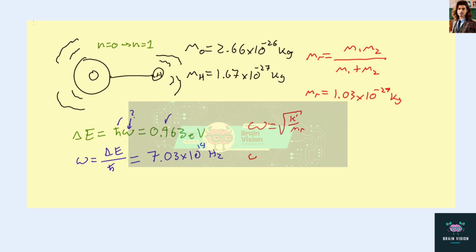And plugging in, well, first let's rearrange so that we get that our spring constant, or our force constant, is equal to omega squared times mr. And if we have omega here and mr here, our force constant is simply to be calculated, and we get 508 kilogram per second square.